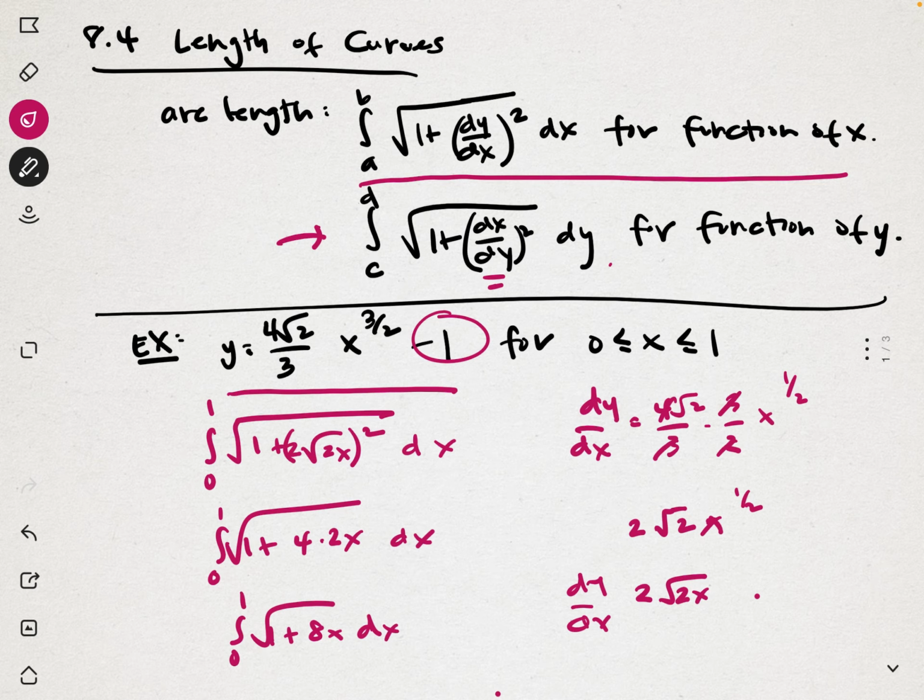Okay, so let's go ahead and do our math 9 from 0 to 1 of the square root of 1 plus 8x dx, and that's 2.1167.